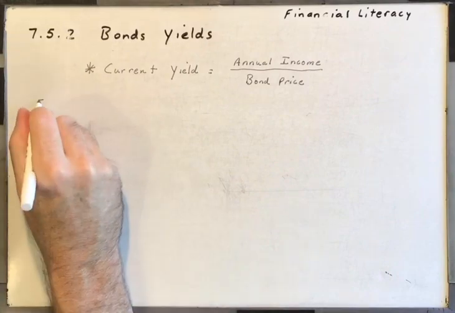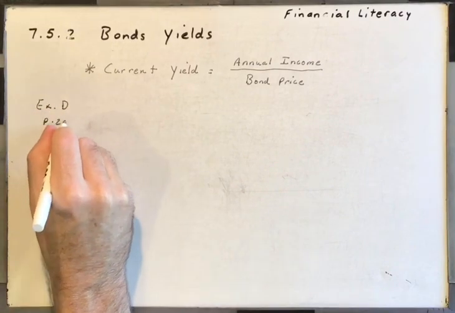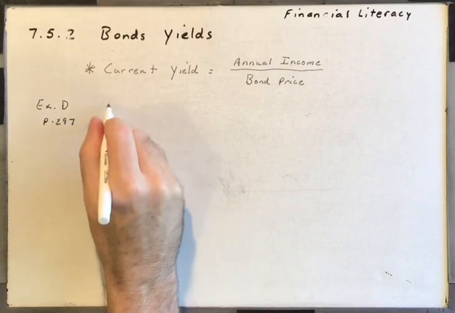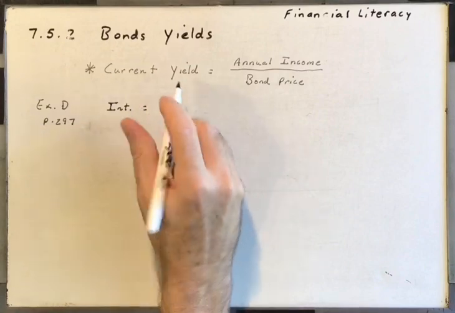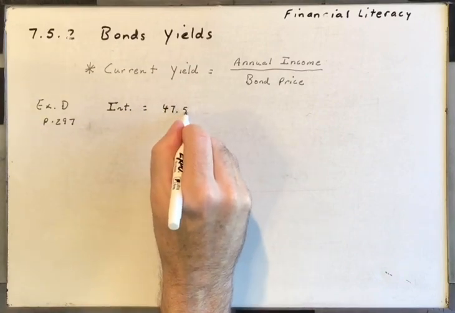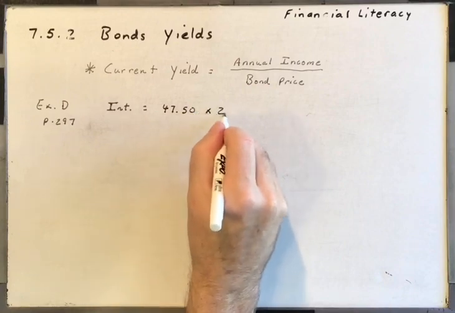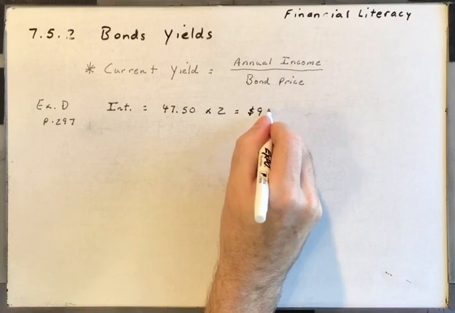All right, so this example D, page 297. So the interest is equal to, semi-annual was $47.50, right? So the annual will be $47.50 times 2, which is $95.